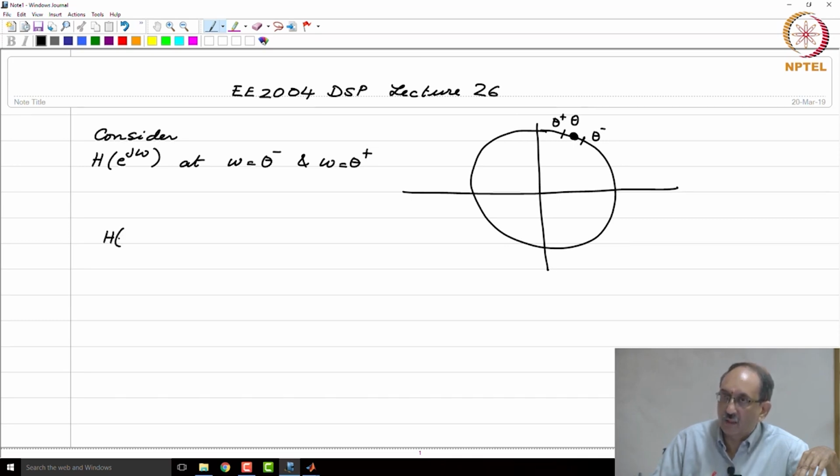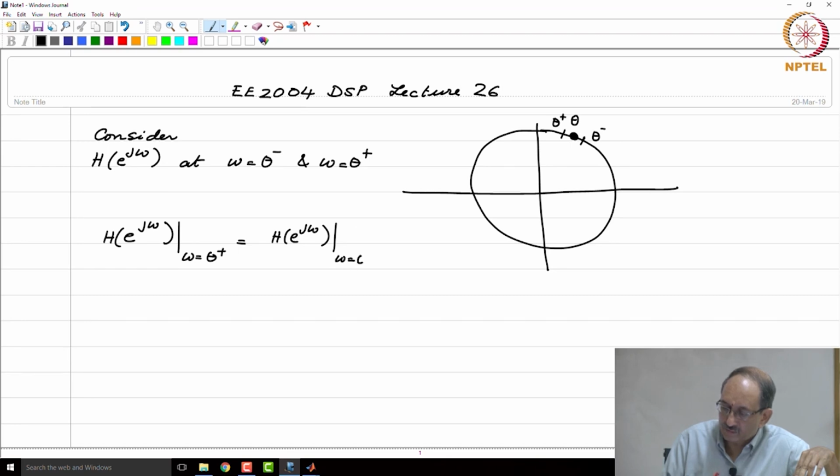Therefore, we will now try to relate the frequency response at theta minus and at theta plus. So, we want to look at H of e to the j omega at theta plus, and we want to relate this to the frequency response at theta minus. As far as all the other poles and zeros are concerned, nothing much is going to change.